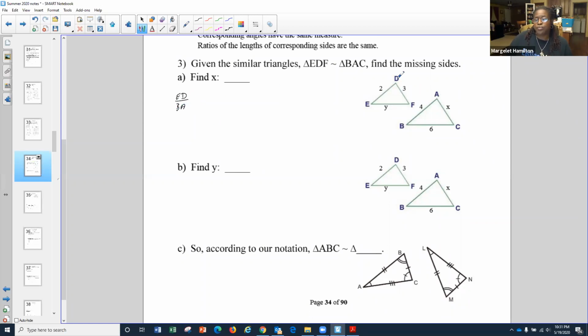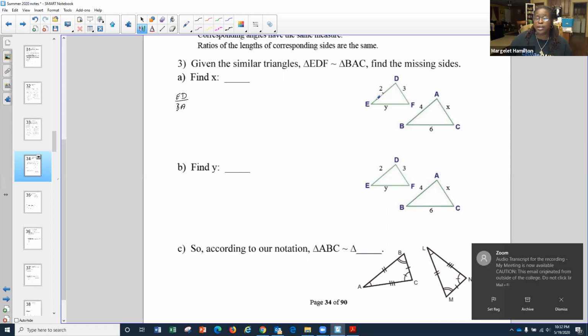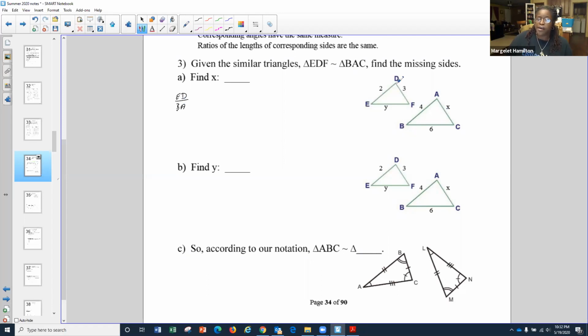You notice how I went from the first triangle to the second triangle. It doesn't matter, you can go from the second triangle to the first as long as you're consistent with your second fraction. Since I went from the first triangle to the second, I'm going to go from the first triangle to the second with my second fraction. So now I'm going to get this side, DF, all over AC. I set it equal to DF all over AC.